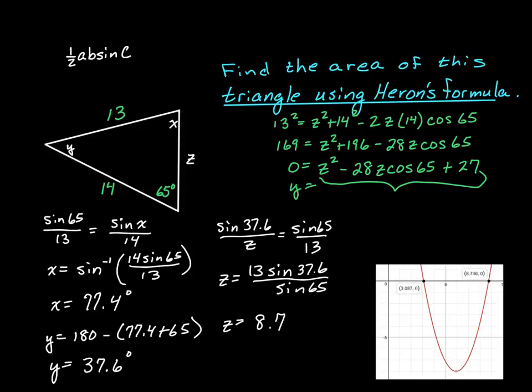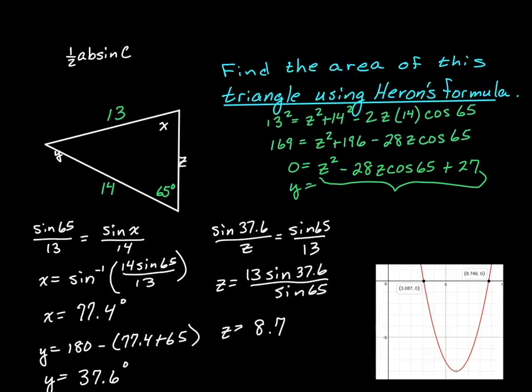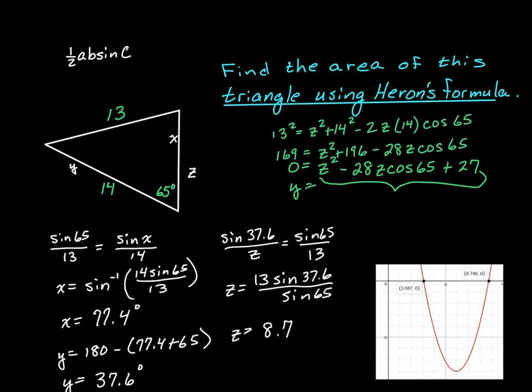On this graph, let me bring this back down here. On this graph, you can see that we have two solutions. One is 3.087 and the other is 8.746.